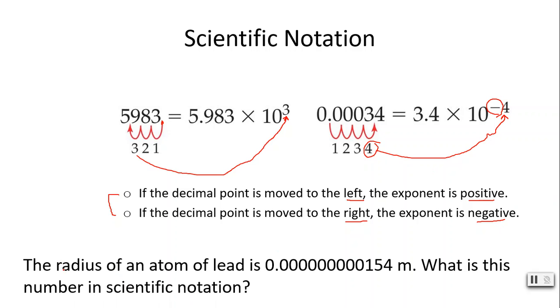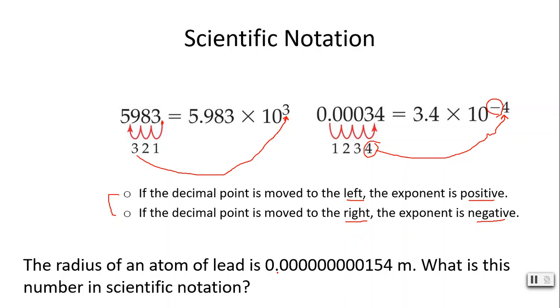So let's do a third example. I said that chemists love to do measurements that are small. Here we have the measurement for the radius of an atom of lead. This number is in meters. What is this number in scientific notation? Well, in scientific notation, I have to get this decimal point in between the first and second non-zero numbers.